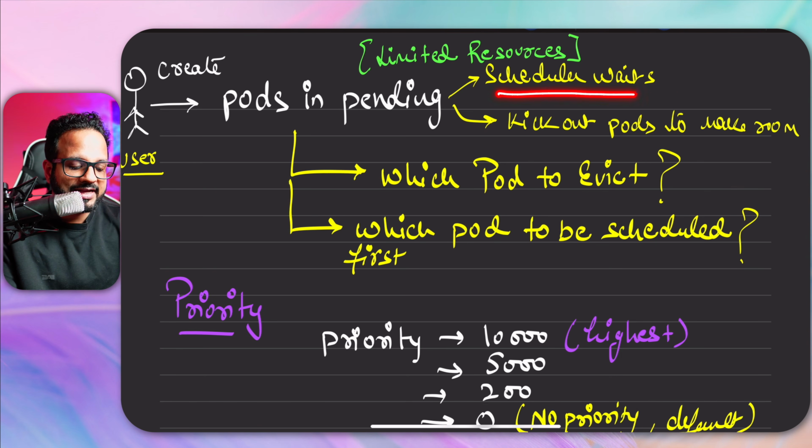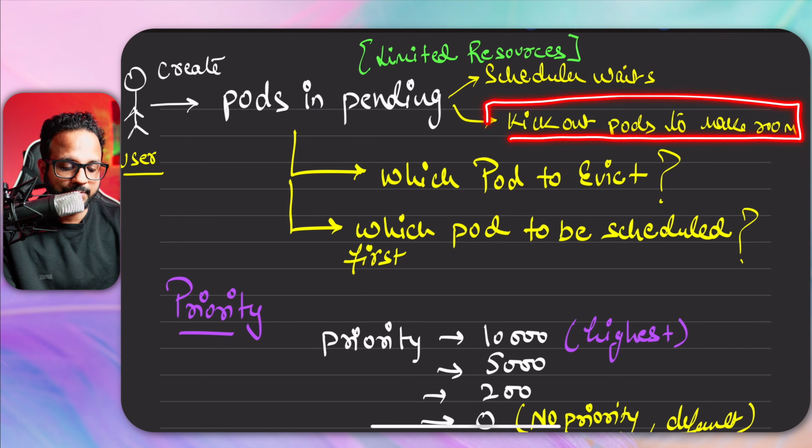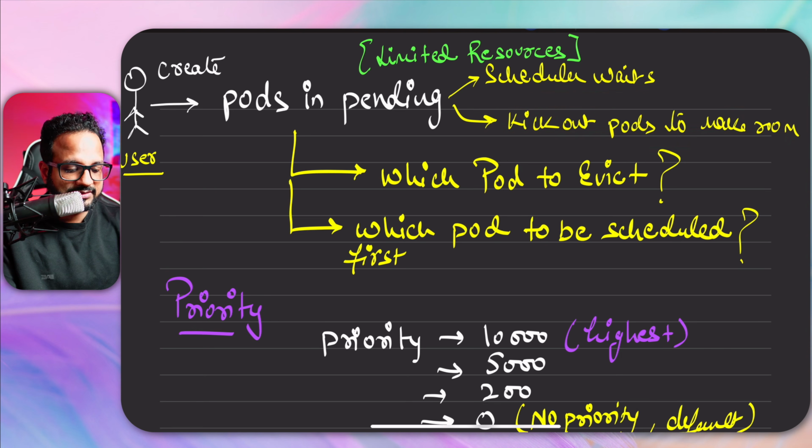Now the scheduler has to wait till the resources are available, right? So the scheduler keeps the pods in pending status, or it can also kick out the existing pods to make some room. That's also called pod eviction or preemption.